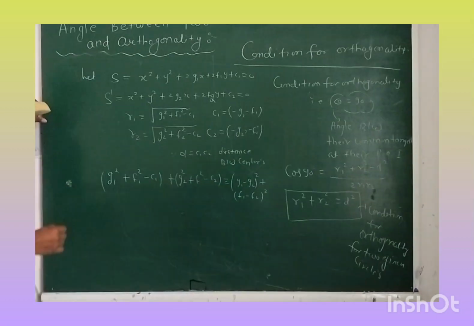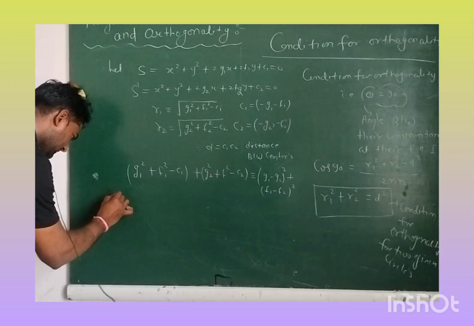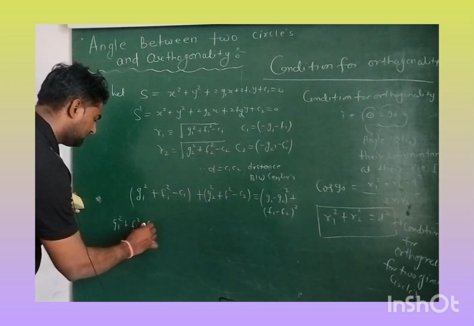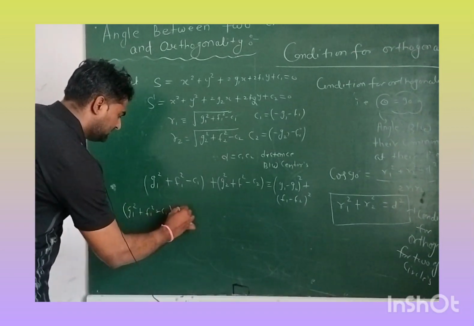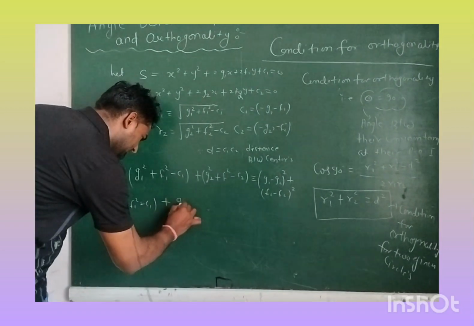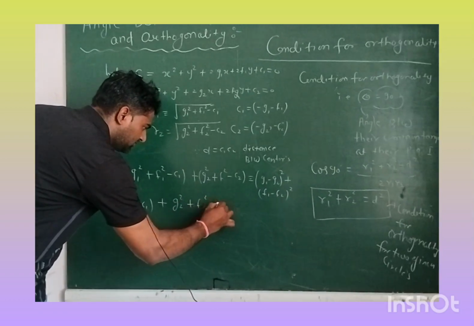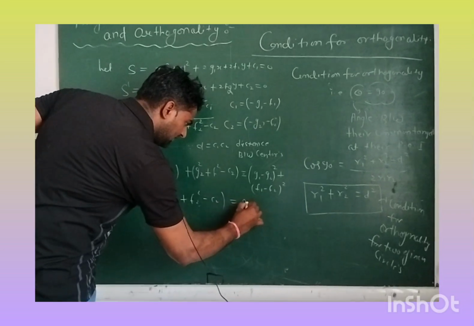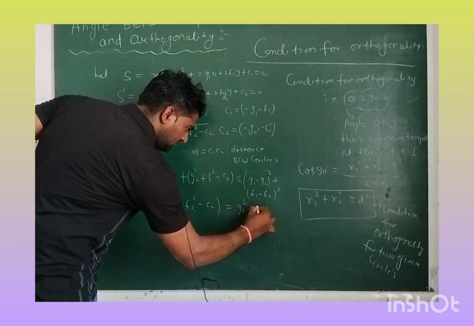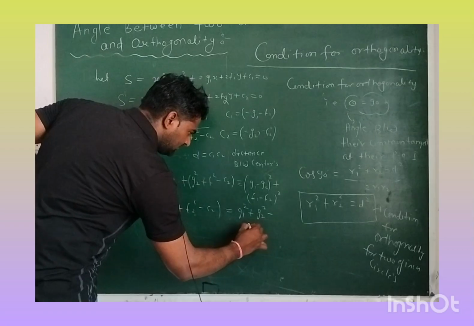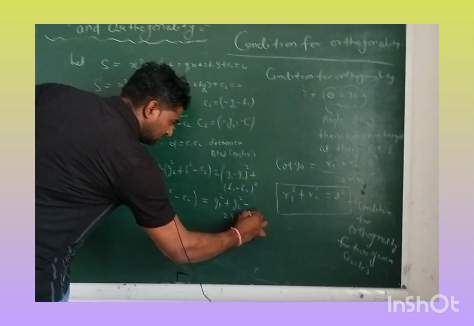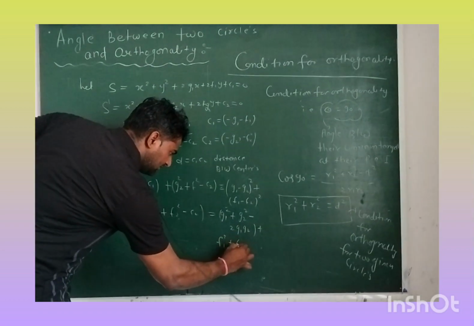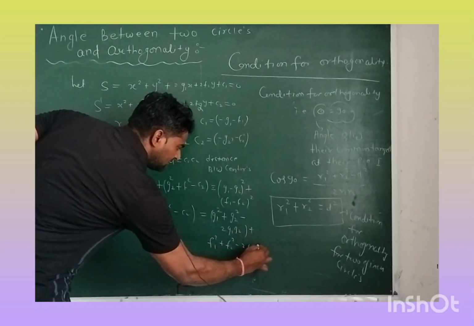Now we can simplify this one. So what do we get here? g1 square plus f1 square minus c1, plus g2 square plus f2 square minus c2 is equal to, now using a minus b whole square, g1 square plus g2 square minus 2 g1 g2 plus f1 square plus f2 square minus 2 f1 f2.